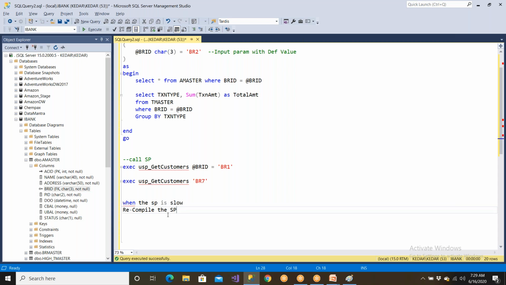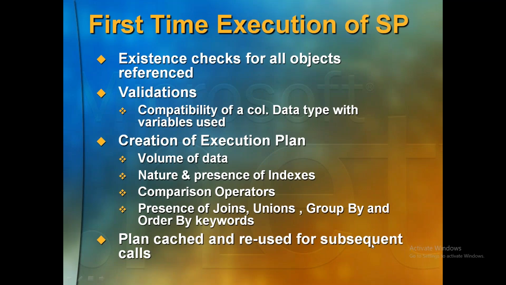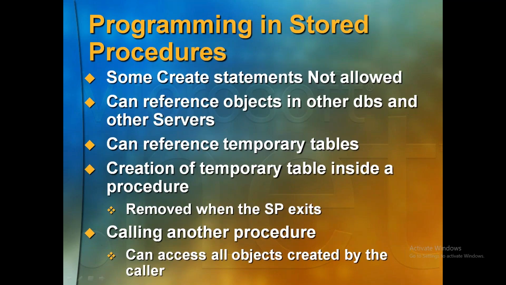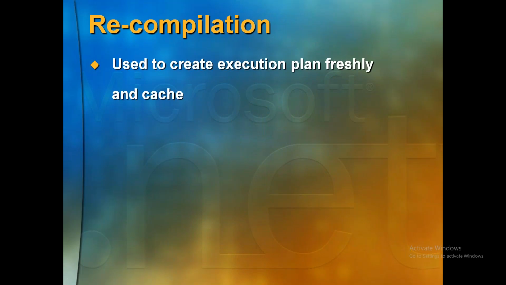Today, if I execute the stored procedure and it is taking more and more time, that means the cached plan is not being used properly. Now I have to choose a different plan. If I want to choose a different plan, I have to say recompile stored procedure. So if I say recompile stored procedure, what will happen? It creates the execution plan freshly and caches it.